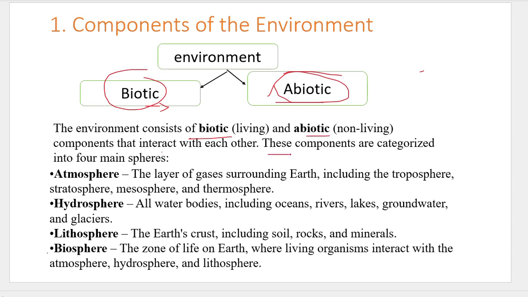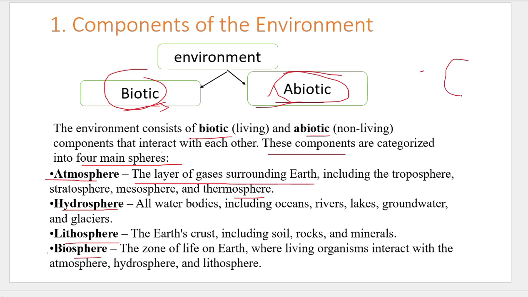Apart from that, these components, biotic and abiotic, are also subcategorized into four main spheres. They are atmosphere, hydrosphere, lithosphere, and biosphere. Under atmosphere, it is the layer of gases surrounding the Earth, including the troposphere, stratosphere, mesosphere, and thermosphere.